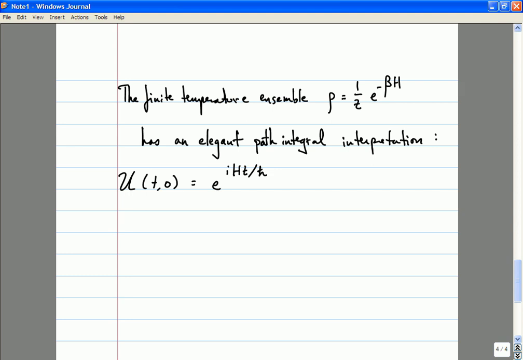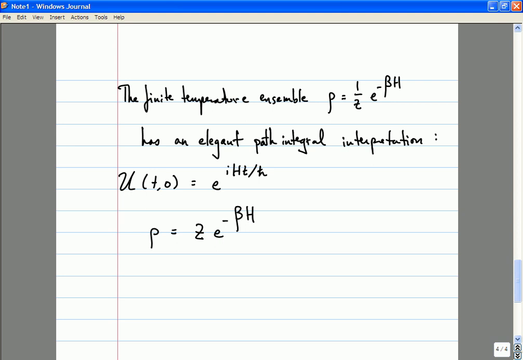Okay. So that expression looks awfully similar to our expression for the density operator of a canonical ensemble finite temperature system, with the exception of that pesky factor of i.